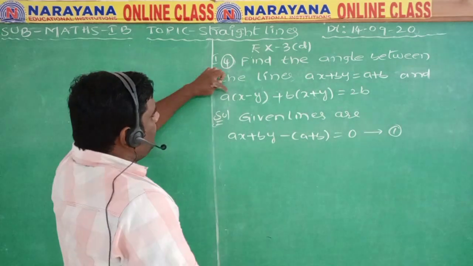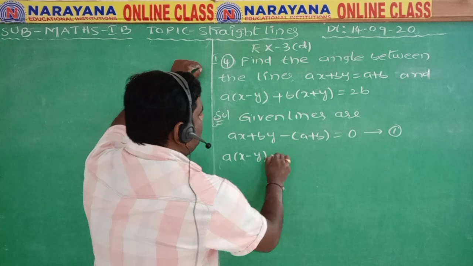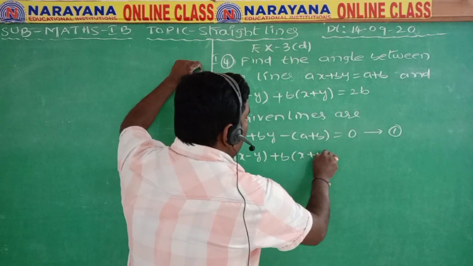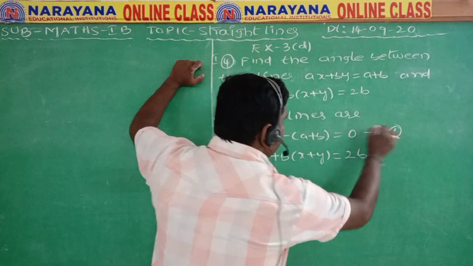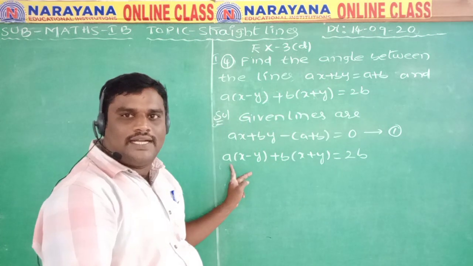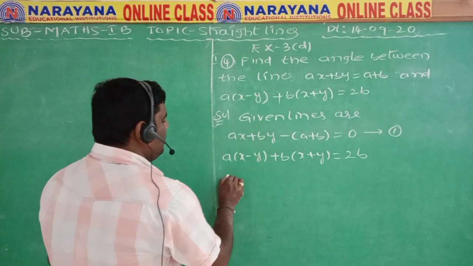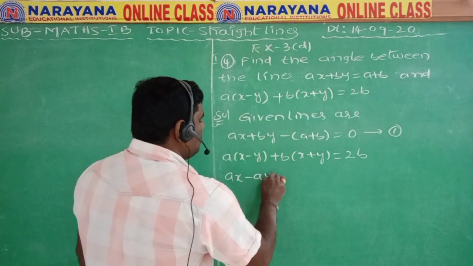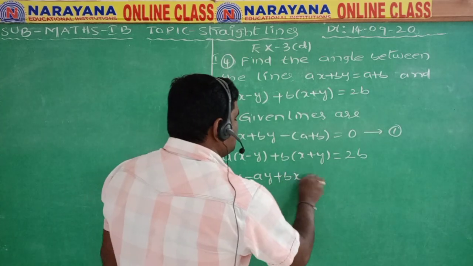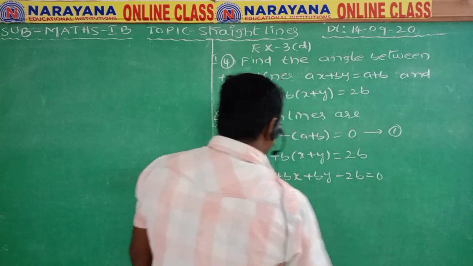Now here, a(x - y) + b(x + y) = 2b. This equation can be changed into the general equation of the line, that is ax + by + c = 0. That's why ax - ay + bx + by - 2b = 0.